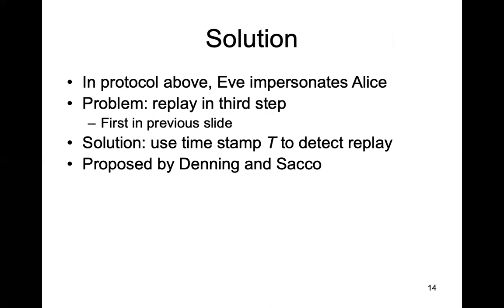So what we are going to now propose is a solution from Denning and Sacco where they used timestamps to detect replay. Okay, so now in addition to this nonce, we are going to attach a freshness timestamp, which is nothing but the date and time that are embedded as part of the message, so that when the receiving party gets it, they are able to determine if the message is fresh.